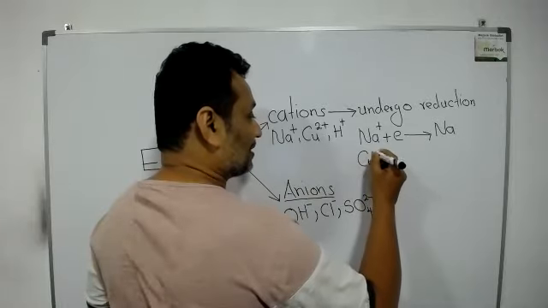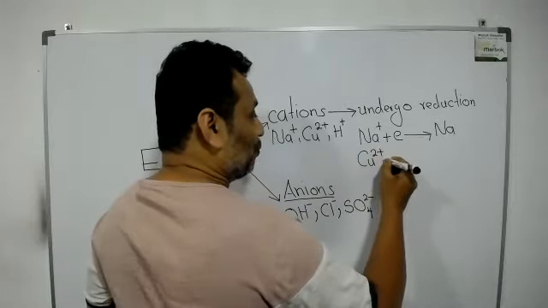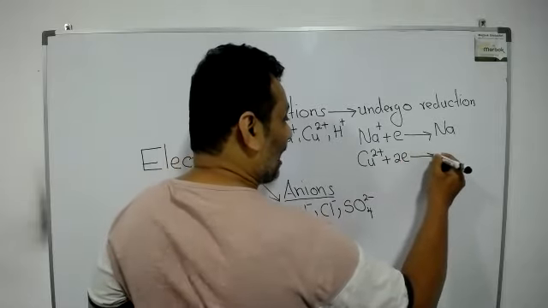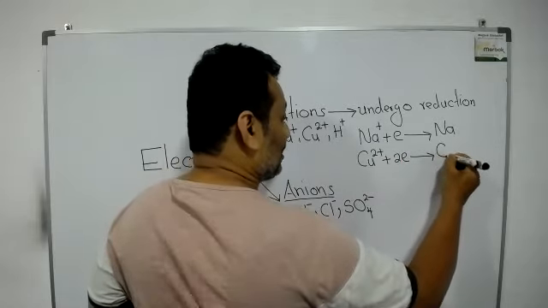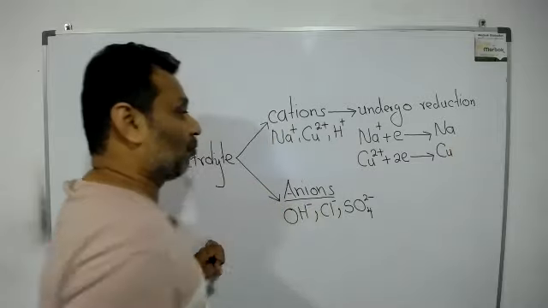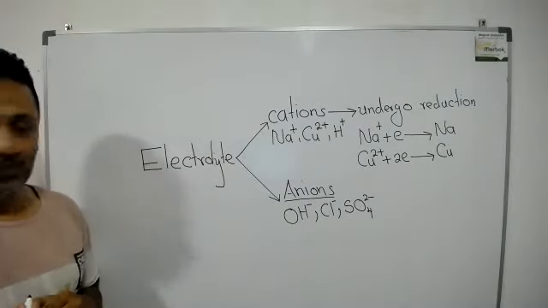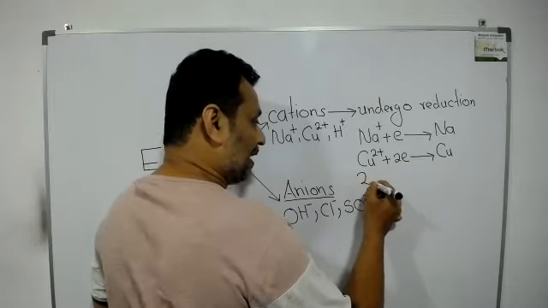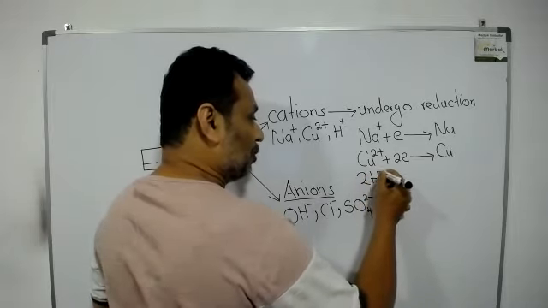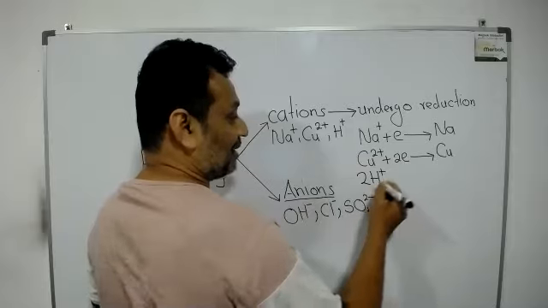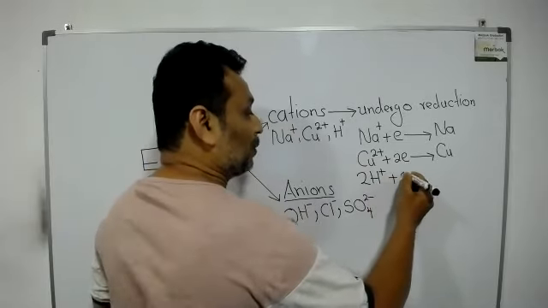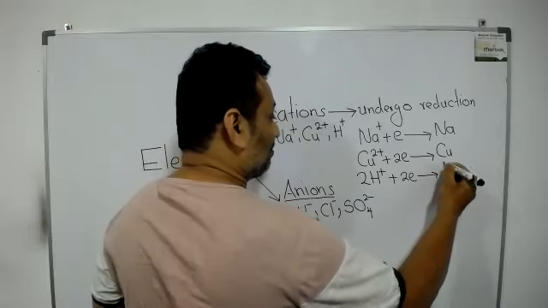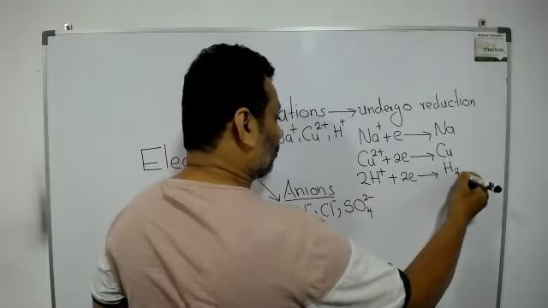Cu2 plus will take two electrons and will make Cu. H plus, generally H plus will stay in this manner, 2H plus will accept two electrons and will become H2.